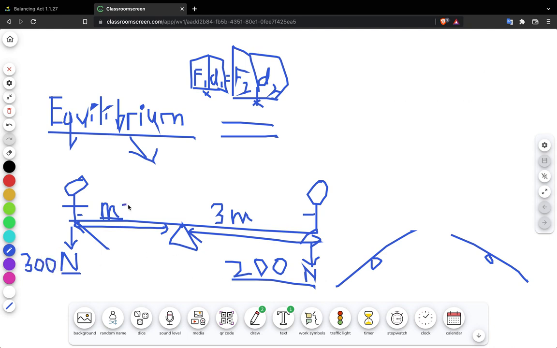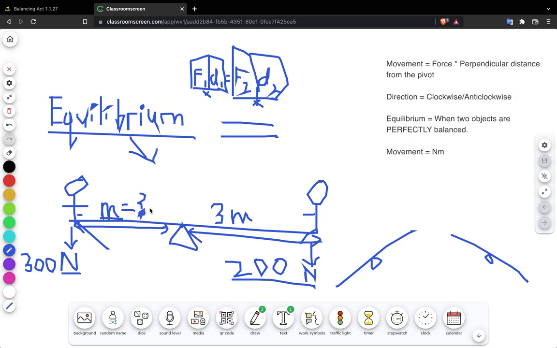Right. So what is the distance his dad is sitting from the pivot? Question. Now what we do know is F1 D1 is equal to F2 D2. In this case, we know one side.